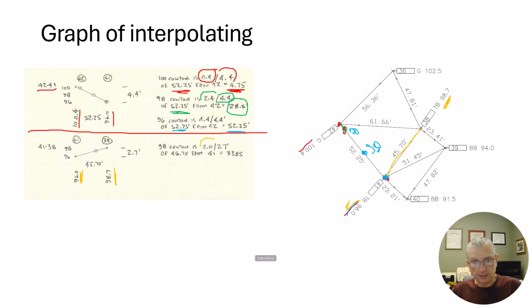So our 98 interpolated point is 2 feet divided by the total difference in elevation, which is 2.7 feet, times the distance between 41 and 38, which is 45.7. And you do the math, that's 33.85. That gives us this purple tick mark right here.